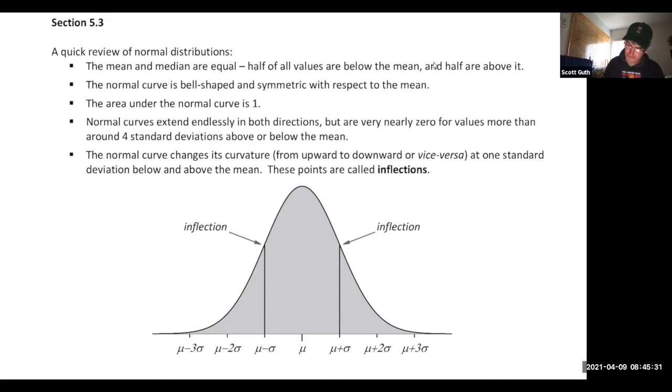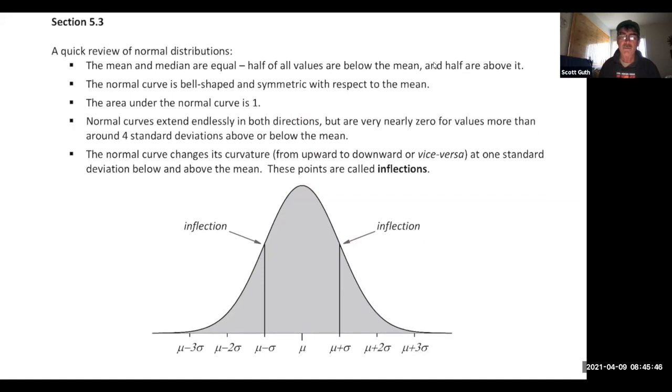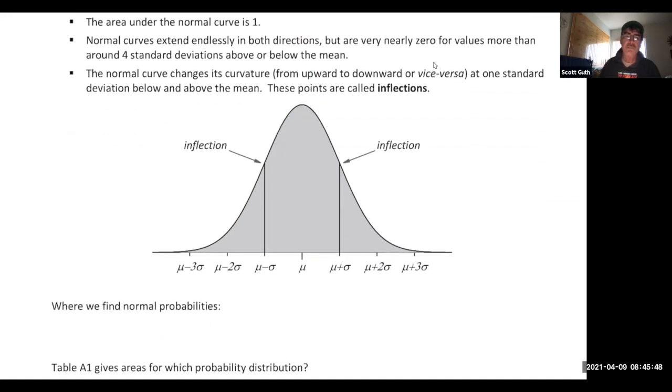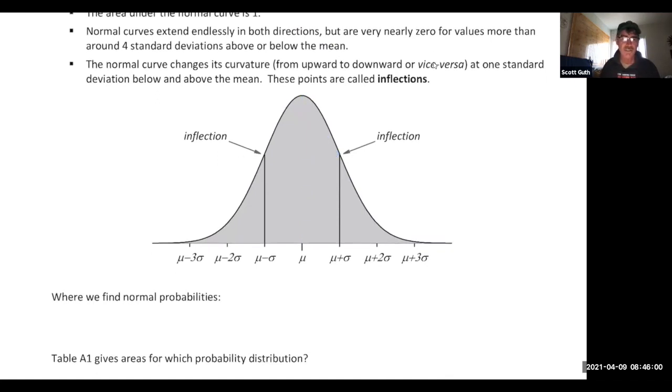We talked about inflections, where the curvature changes from a downward curve to an upward curve, and the inflections occur exactly 1 standard deviation above the mean and 1 standard deviation below the mean. We explain that fact so that if you know the mean, the distance to the inflection is a standard deviation, and you can visually guess what the standard deviation is.